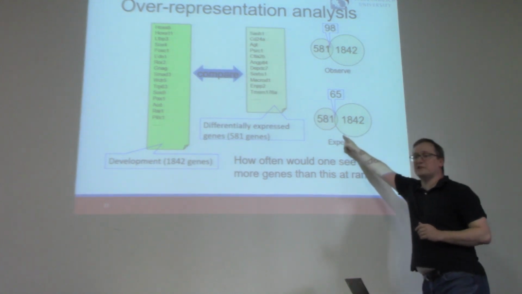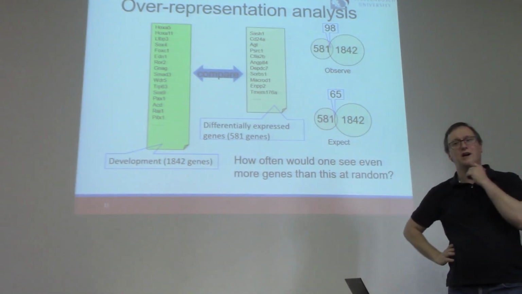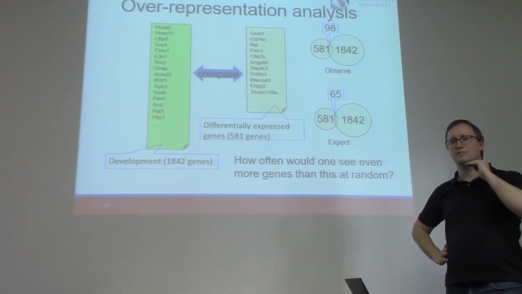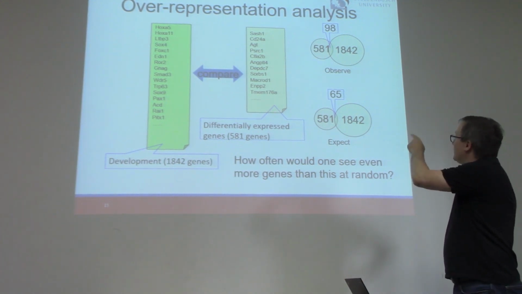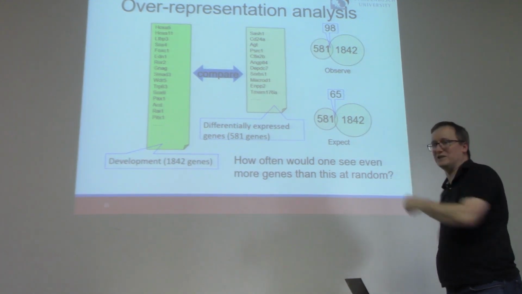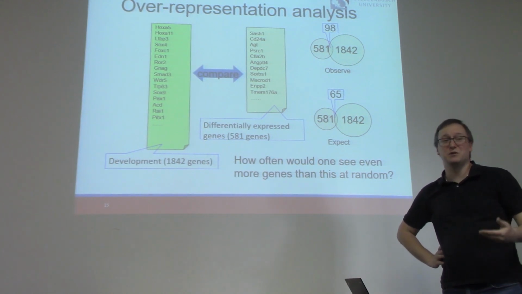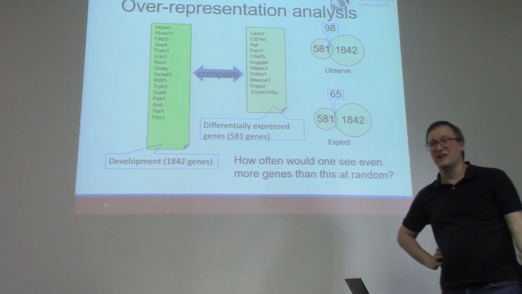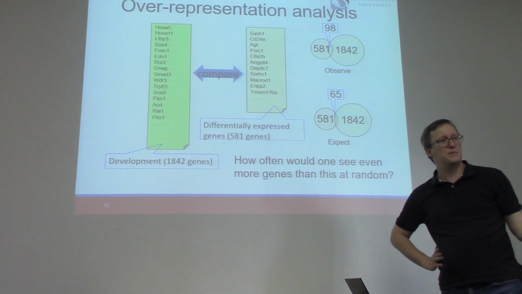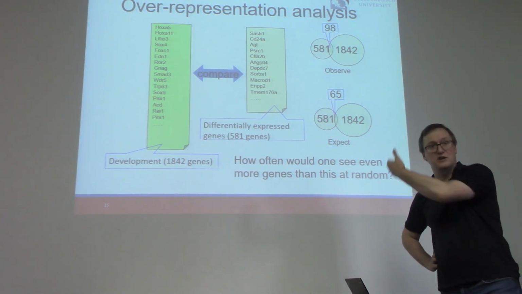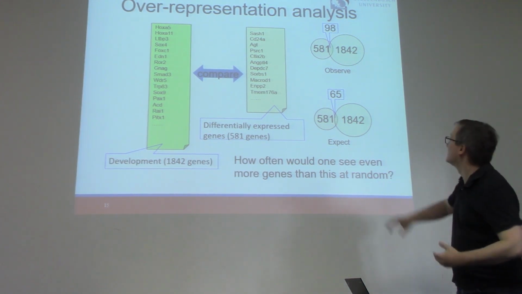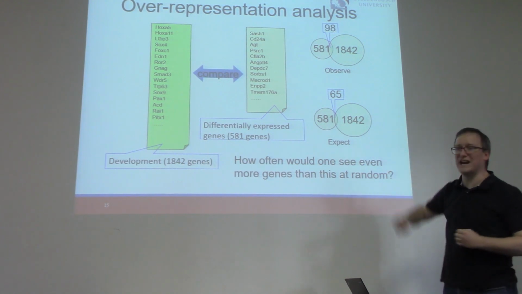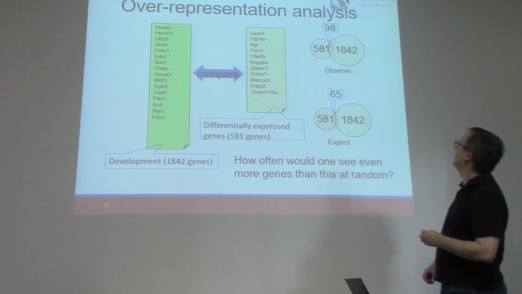Okay, so let's start with the expectation. What if we saw exactly 65 genes that intersected between these two lists? That's exactly what you would expect by random chance alone. That's no vote in favor that development is a major player in whatever is causing this difference, right? So the higher this number gets, the further we get upward.